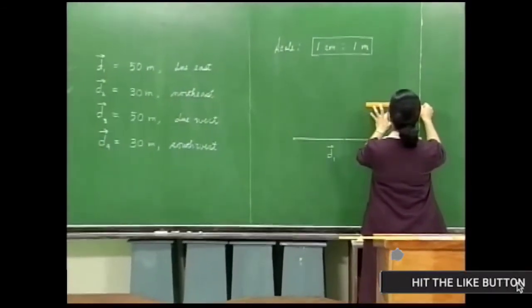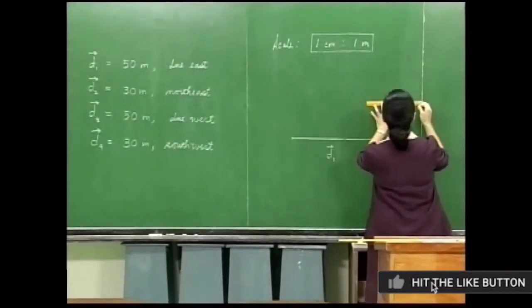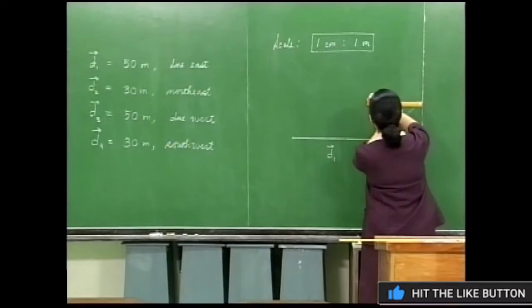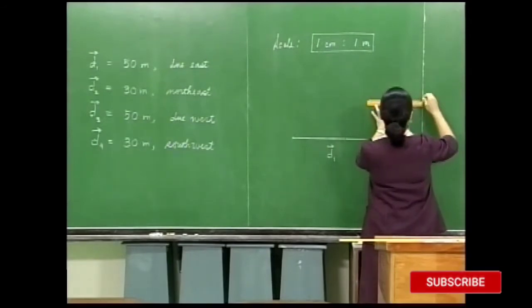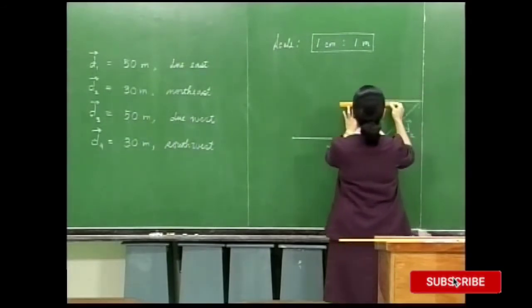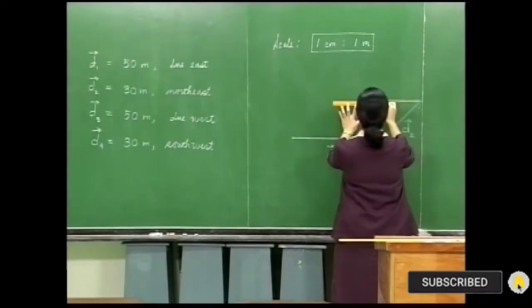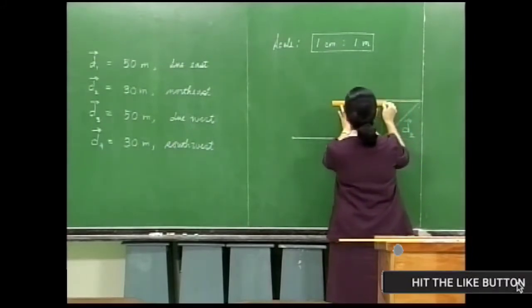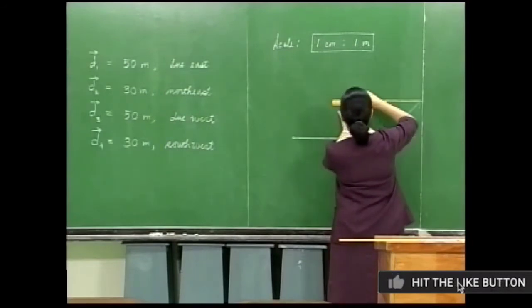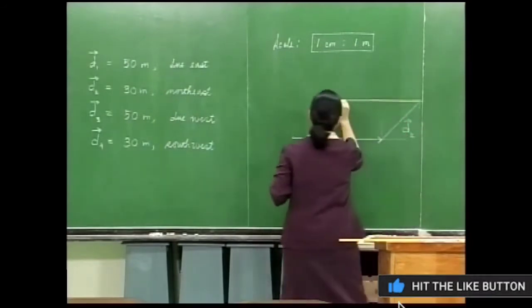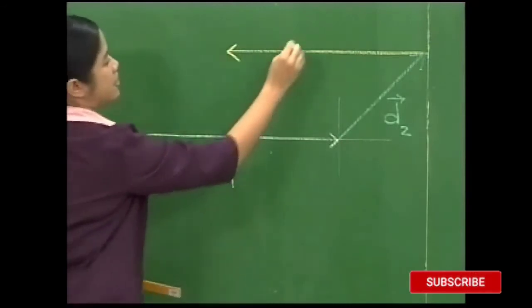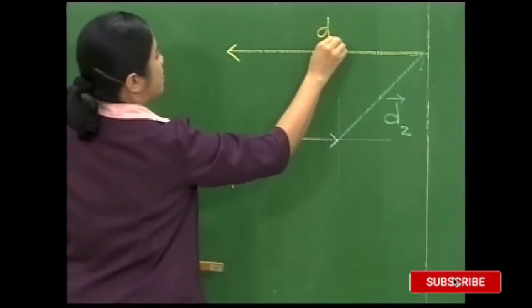So again, it should be horizontal but to the left. 30 plus 20. So this is D3.